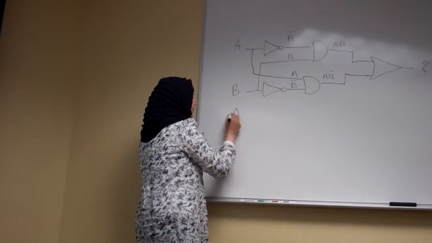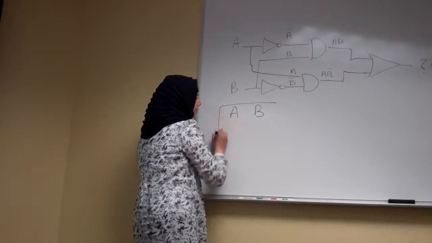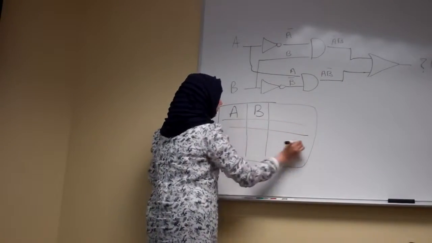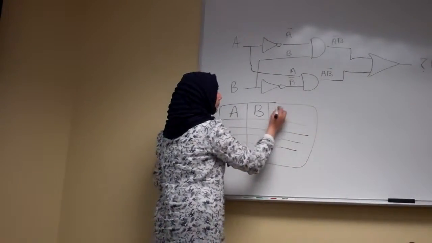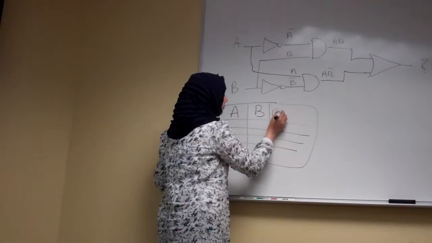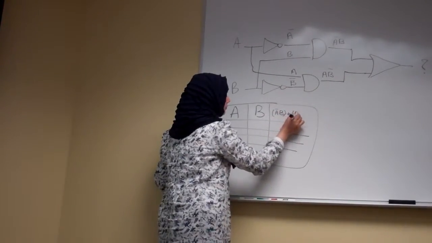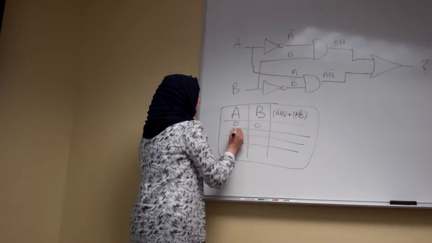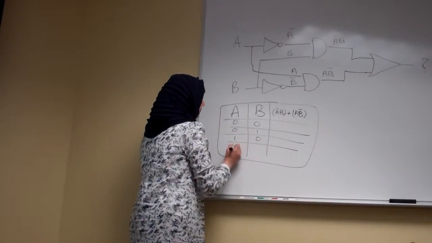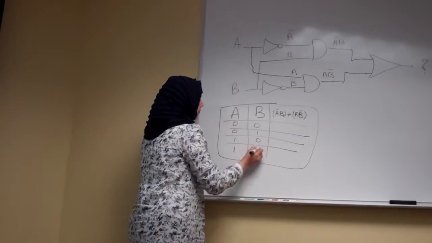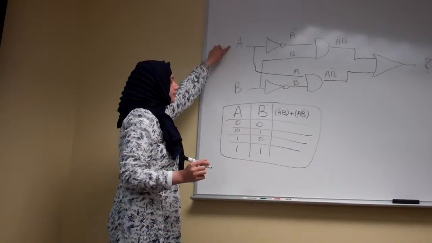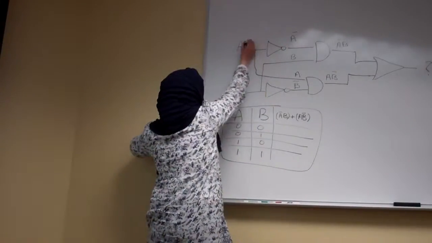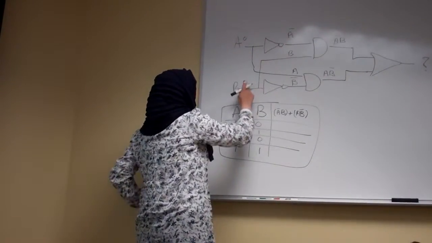So we will make the truth table to see what the result is. If we take all these possibilities. Let's assume that this is 0 and this is 0.